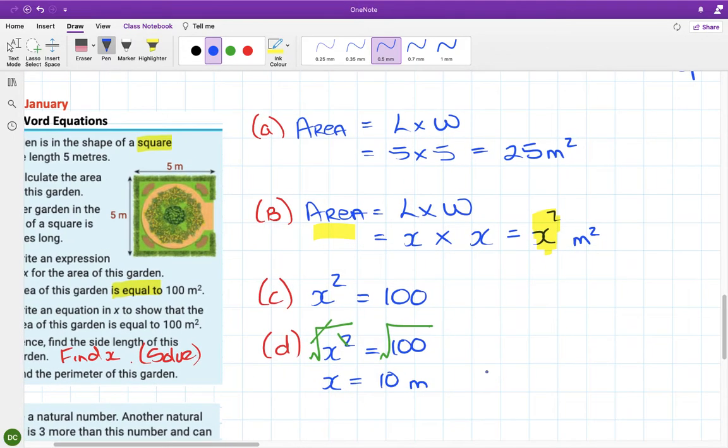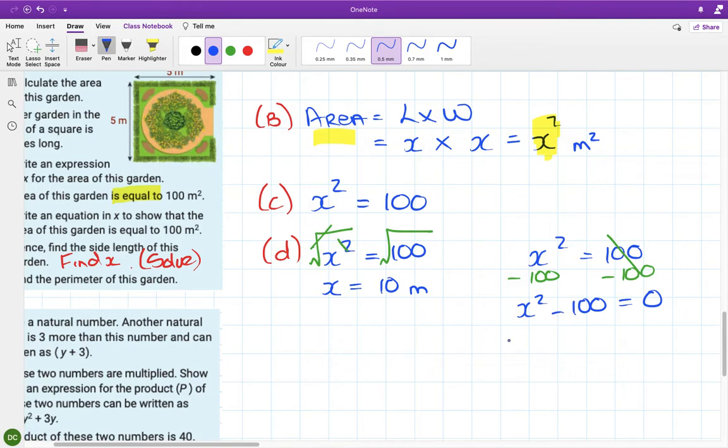The other way to do it is using quadratic equations, where we must have equals 0, and here we have equals 100. So we'd have to minus the 100 and minus the 100, cancel it out, so then we get x squared minus 100 equals 0.